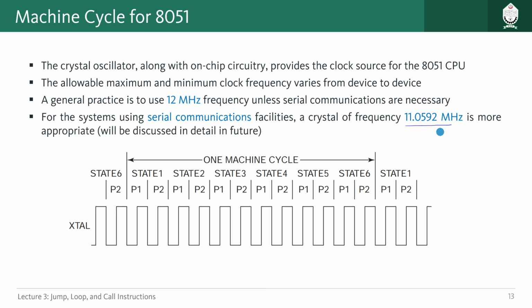We will discuss that in future lectures, but for now, in our math problems or code problems, if you are told to calculate the amount of time for a particular code execution, mostly these values will come up, either a frequency of 12 megahertz or 11.0592. Okay.